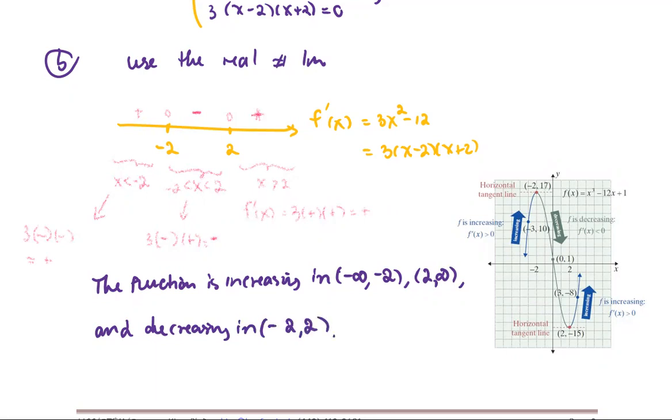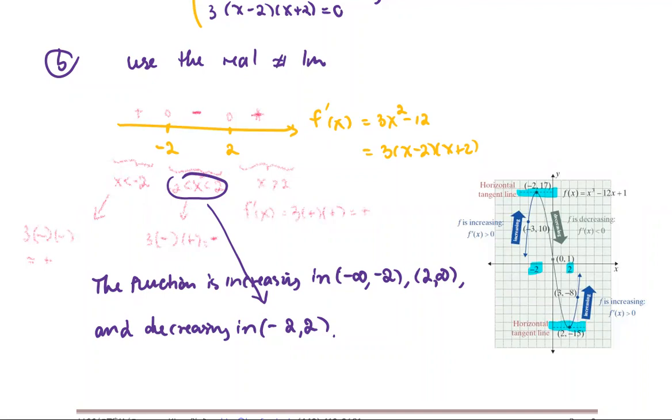So over here, negative 2, positive 2, and then the rest are the left and right ends of the graph. On the diagram at the bottom of the page, at negative 2 you have a horizontal tangent. At positive 2, you have a horizontal tangent.